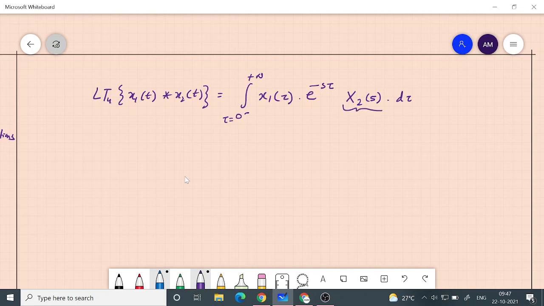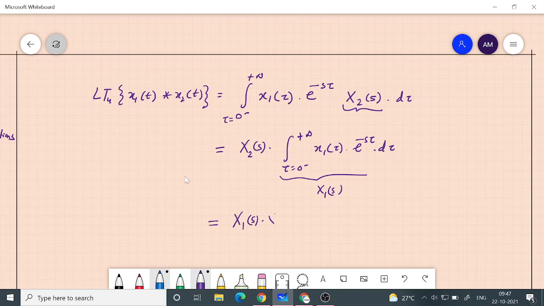Now x2 of s is a constant in the tau integration. So tau is varying from 0 minus to plus infinity. I am taking x2 of s outside, and the remaining thing is in a standard form, which is basically the Laplace transform x1 of s. So what we get finally is x1 of s into x2 of s.